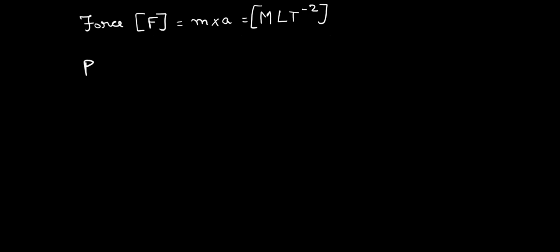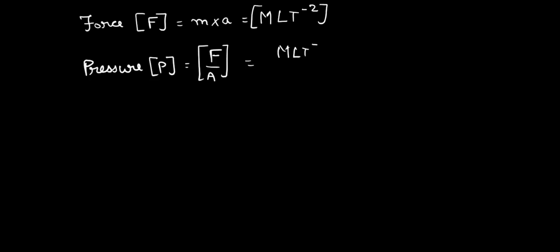Moving on to pressure. The formula for pressure is force by area. So for force we have M L T power minus 2 divided by, for area we found out, L square.